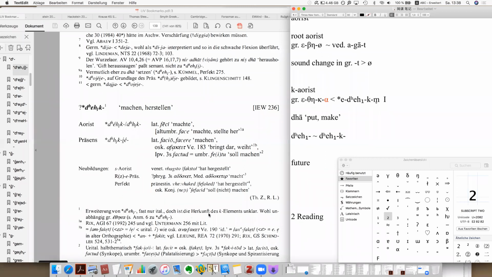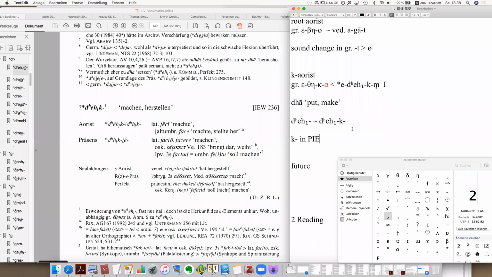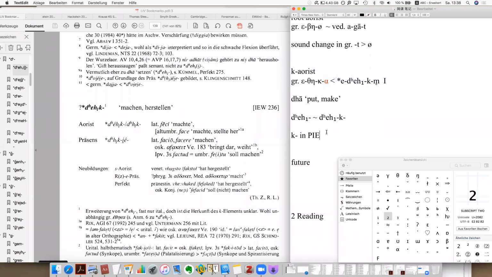But the origin of this k element is unclear. So the information is that we have a k element in Proto-Indo-European, but the exact meaning of this k element is unclear.